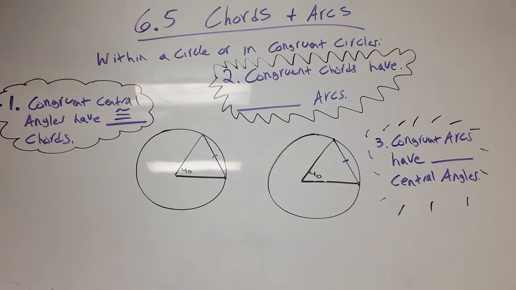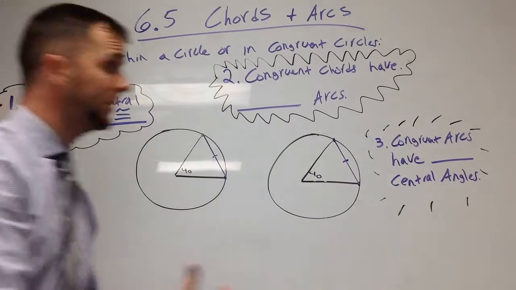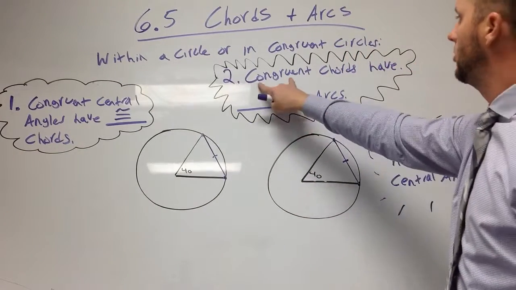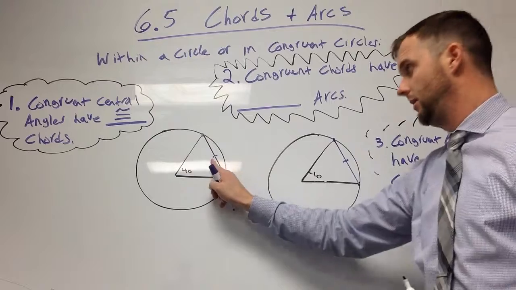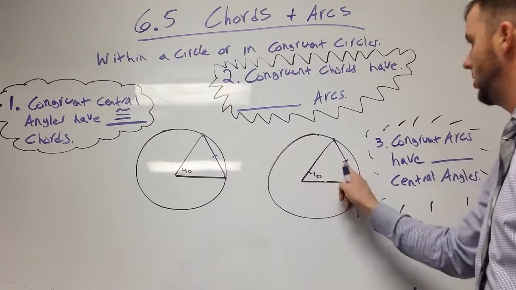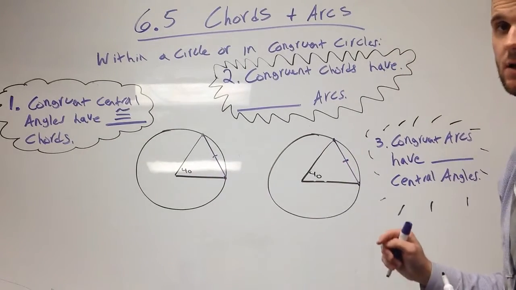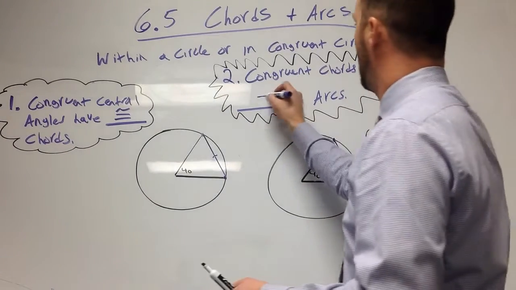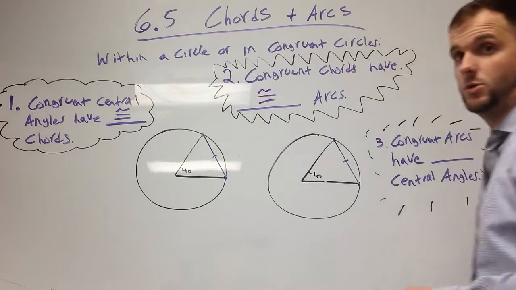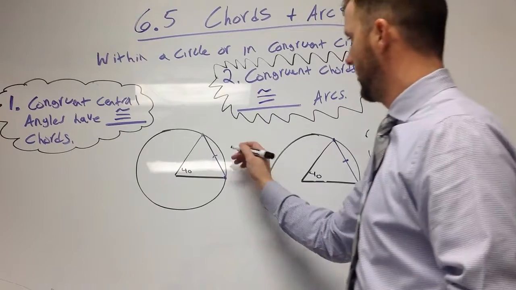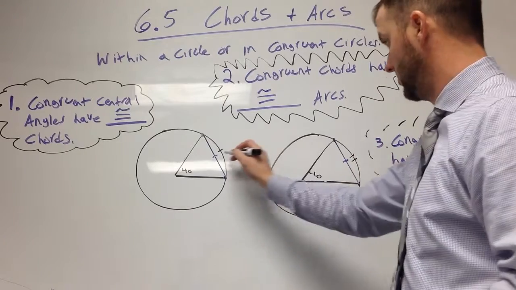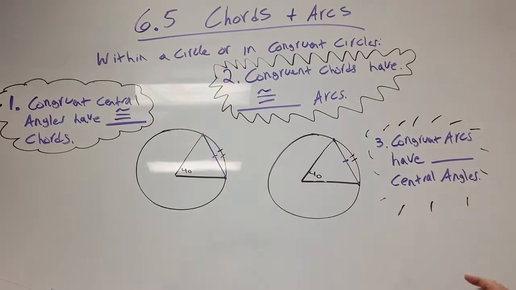Then on top of that, since both of my chords are congruent to each other, the arcs are going to be congruent to each other. So this arc right here, and this one right here, are going to be congruent to each other.